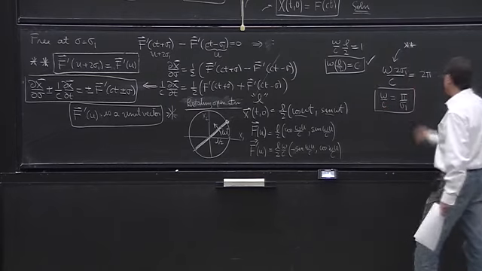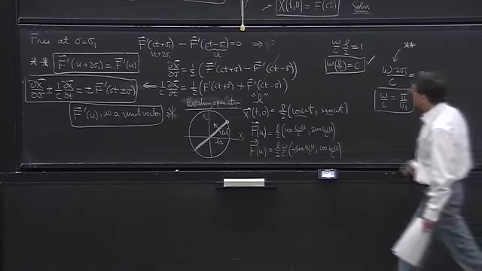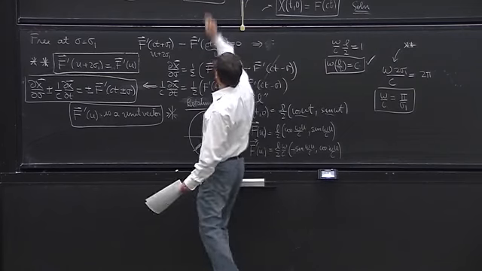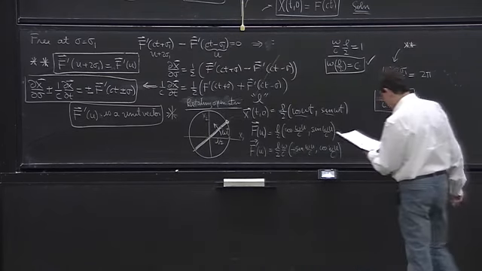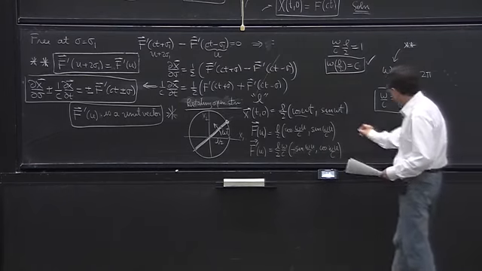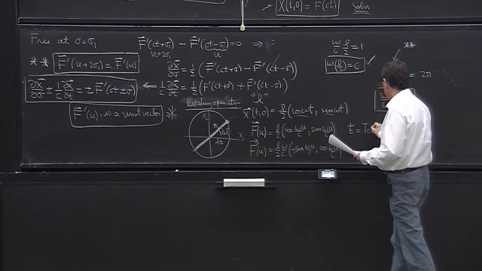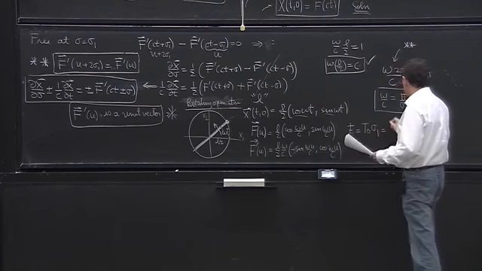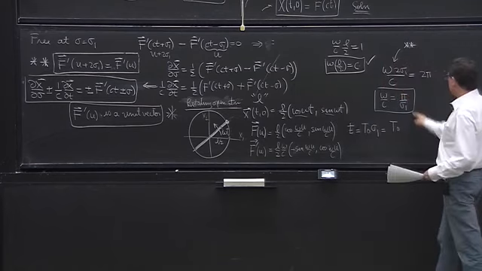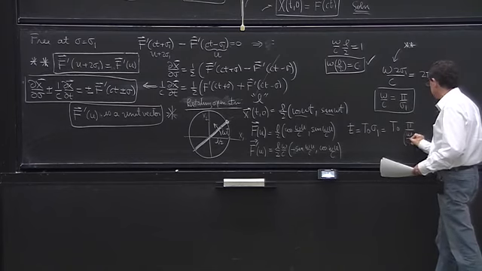Now, why do I care about sigma 1? I care about sigma 1 because this will give me the energy of the string. Remember, the energy of the string is sigma 1. So I've determined sigma 1. I've determined now the energy of the string. In fact, the energy is therefore T naught times sigma 1, which is pi over omega over c.